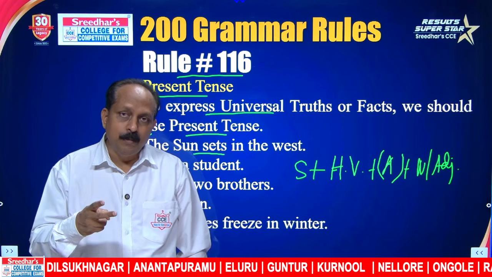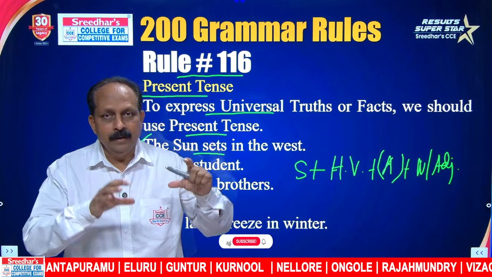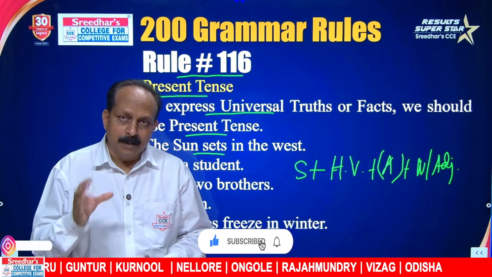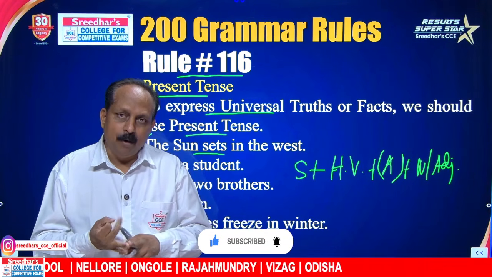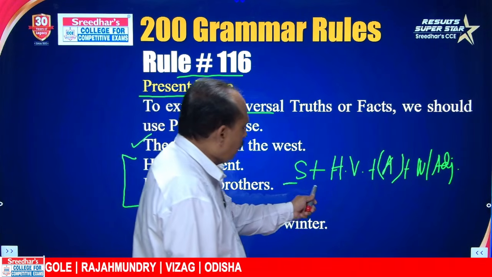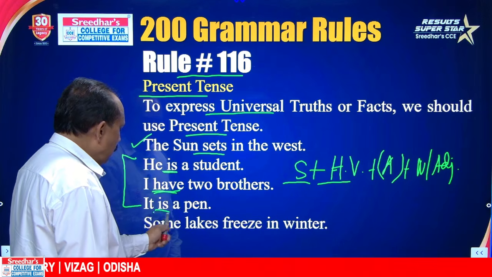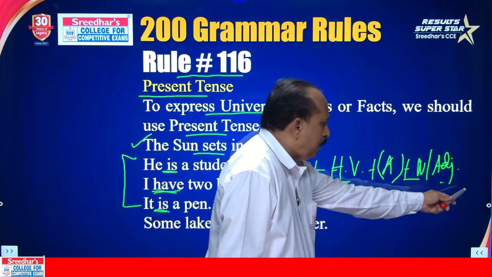Two tenses have two patterns each: the main pattern and the other pattern. The main pattern of present tense is subject, verb in present form, object, time. But what is this pattern? Subject plus helping verb plus article and noun or adjective.